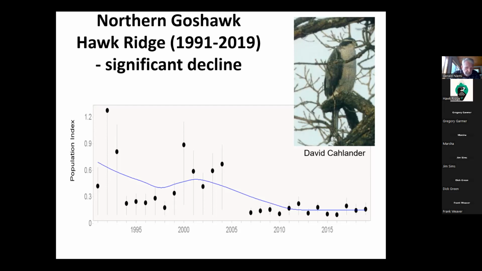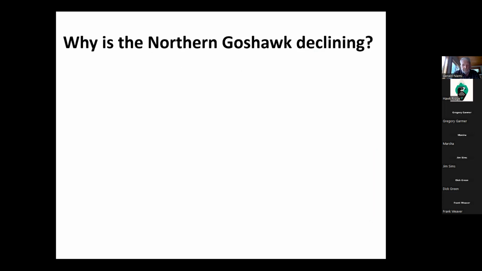They're shown in a couple of diagrams, those dots way at the top, very large numbers. But you see from 2005 onward, those cycles have not occurred in the counts at Hawk Ridge. And so there's a massive decline in that species compared with the past.